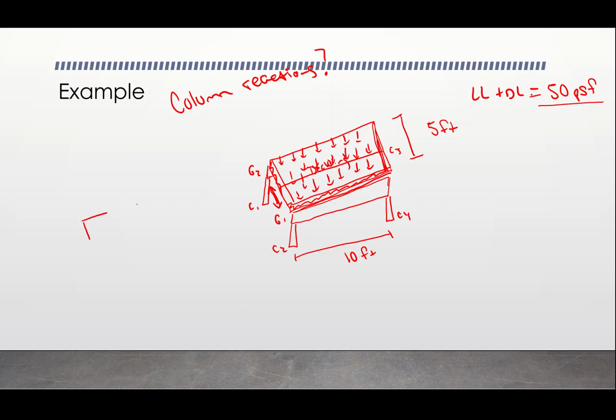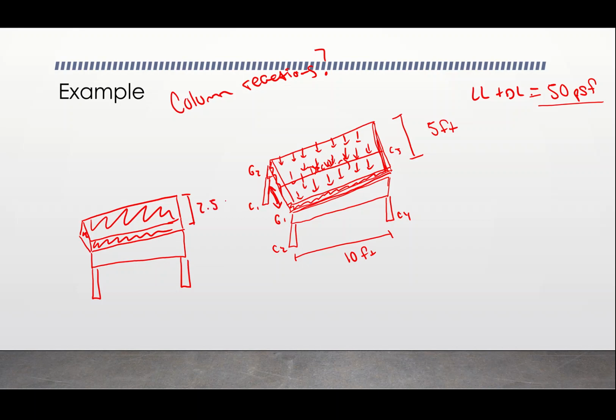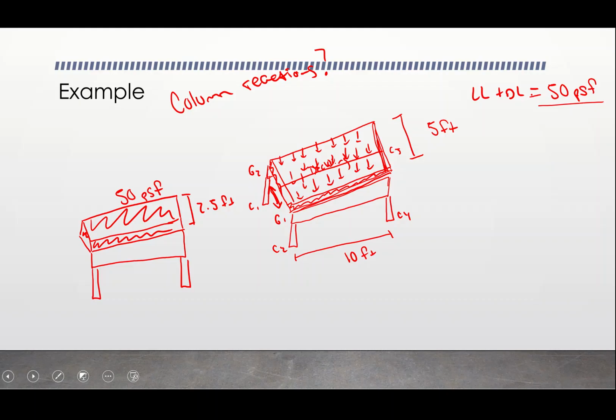So if I just take my girder 1 side, here's all my decking, here is my girder, and then my columns. My decking is now 2.5 feet and still 50 pounds per square foot. It's now just half of it for my girder 1.